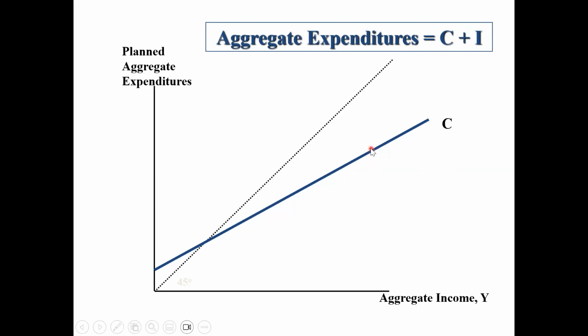This will mean that we have a parallel shift for this line, to have the summation of consumption plus investment. Here investment increases, here consumption plus investment. Here is a point where consumption is equal to income. Here aggregate expenditure is equal to income.